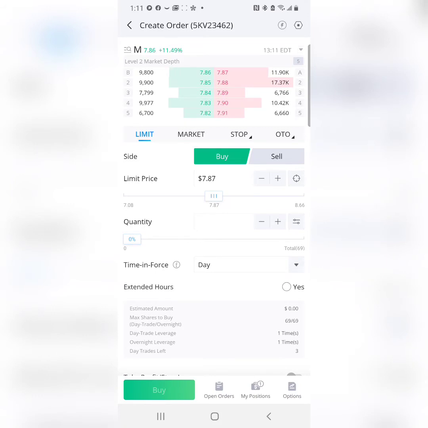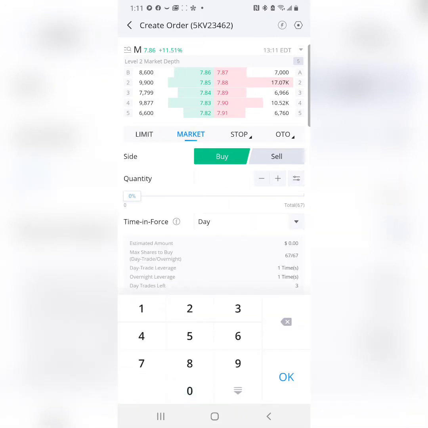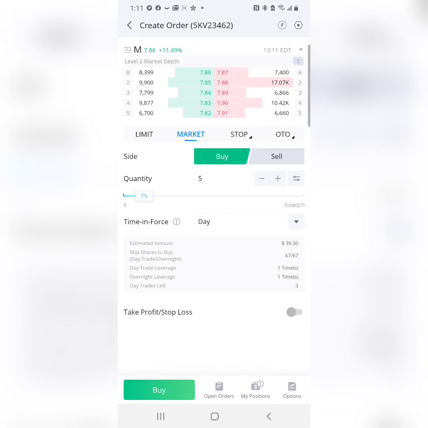Now, let's say I want to do another buy, but I want to do a market buy. You see, so I click market over here, and you can see that there's no price input. It's because I don't pick the price with a market buy. It's what the market is showing. It's what the market is selling it at. I don't get to pick. So really all I do is I put in the amount of shares that I want.